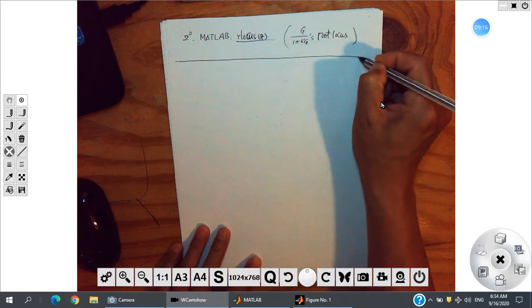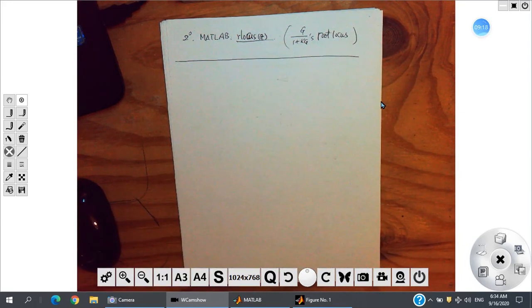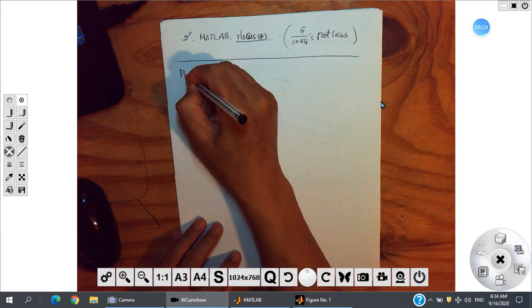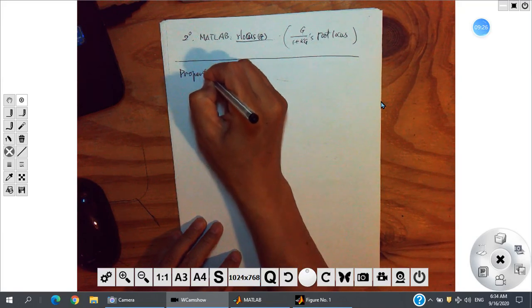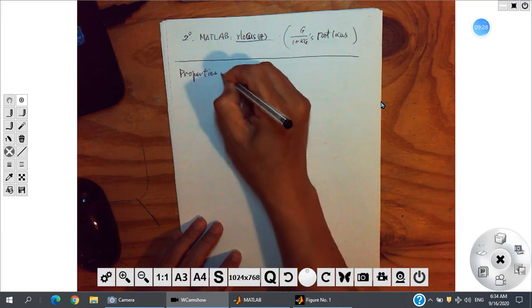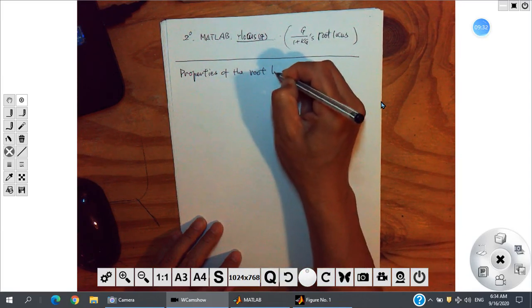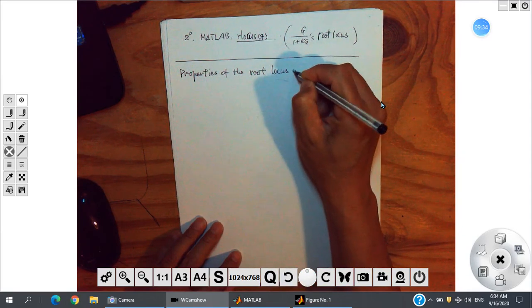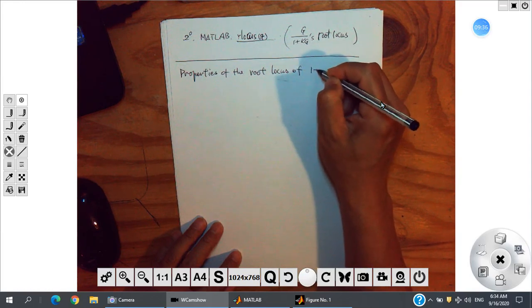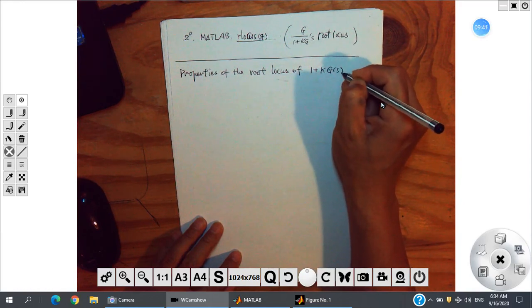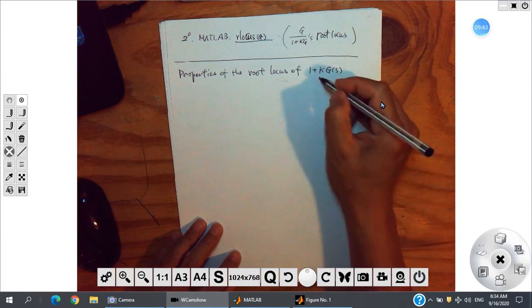All right. With these two, we can do some work on it. I'll say the properties of the root locus of 1 plus Kg of S. I write it this way.